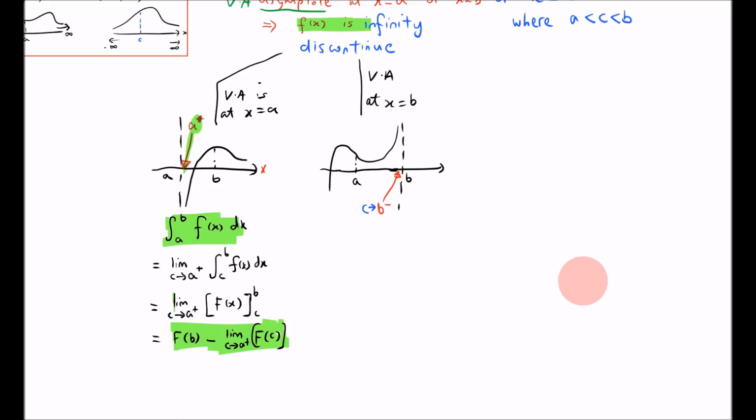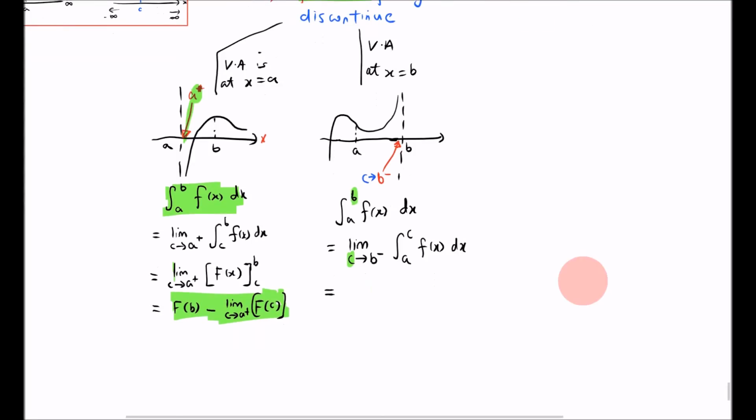So how do we write? We write the integral from a to b of f(x) dx equals limit c approaches b minus. Your b here will be replaced by c, because of the approach to b minus. So integrate from a to c of f(x) dx.